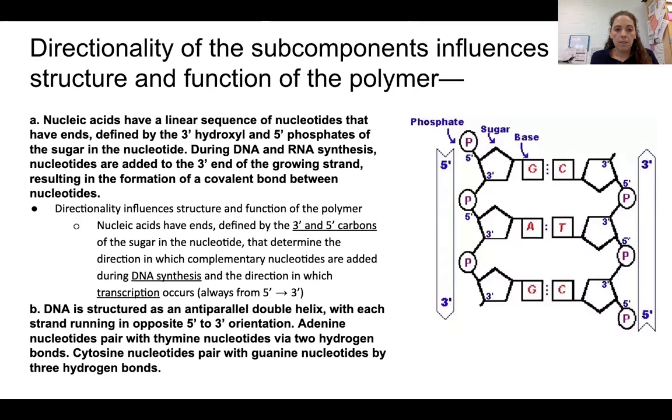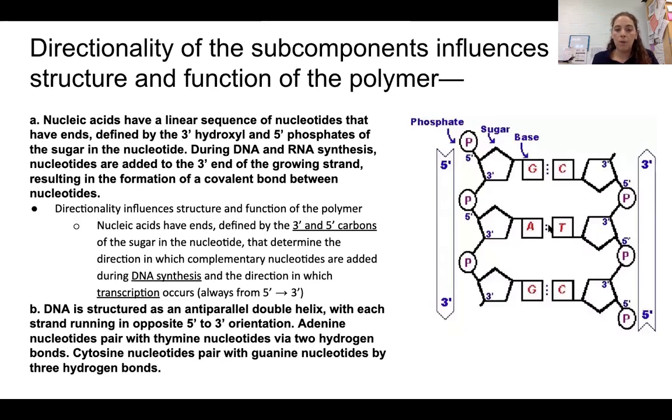With our nucleic acids, it's important to remember that DNA is anti-parallel, so right side up, upside down, two different sides, in a double helix form. In this double helix, adenine nucleotides pair with thymine via 2 hydrogen bonds between them, so that's why in this image we've got 2 little dots.